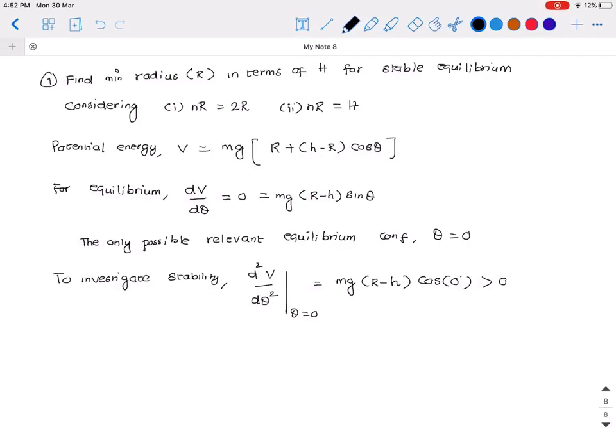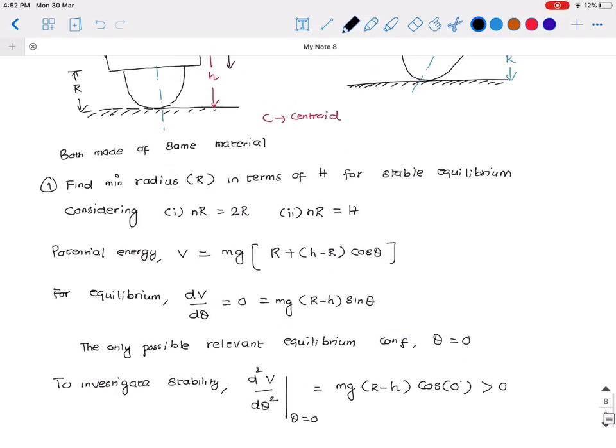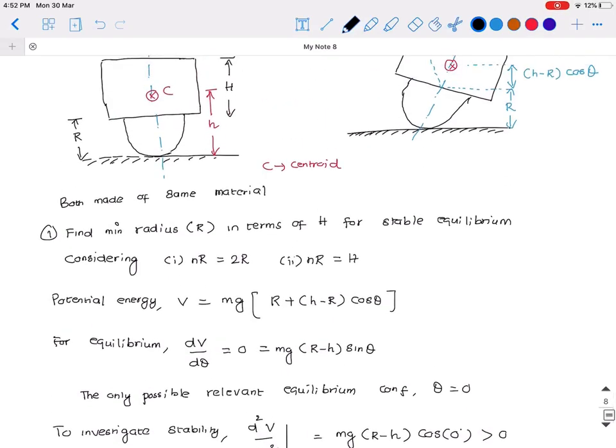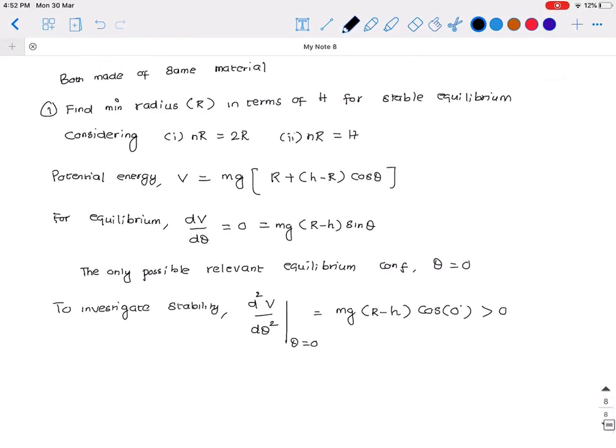Okay, so we have written the potential energy of the deformed configuration. For equilibrium, you know that the first derivative should be 0, and the possible equilibrium configuration gives you theta should be 0. For stability, the second derivative should be greater than 0.